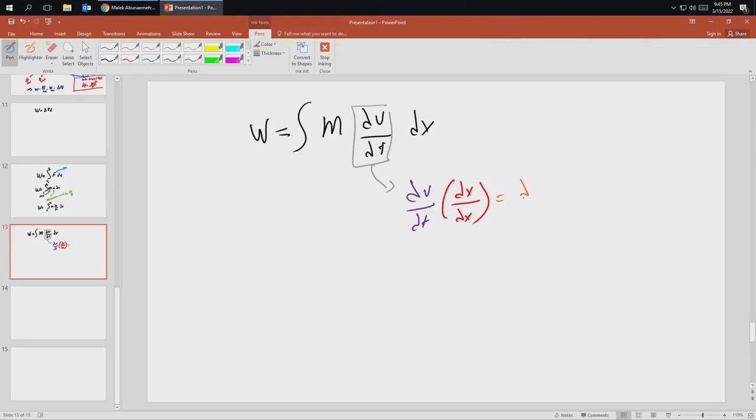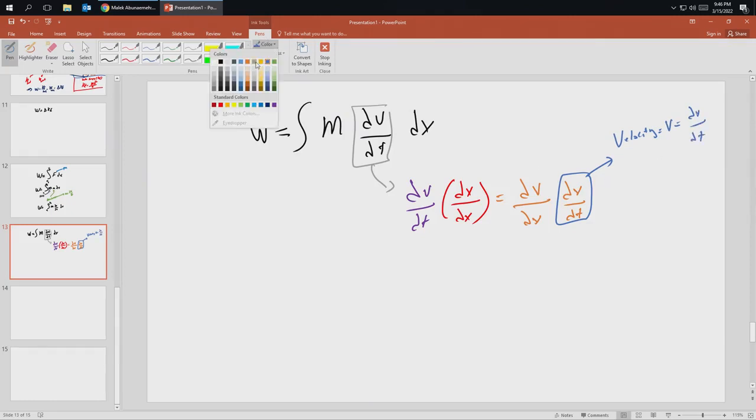So what we're going to have is dv over dx times dx over dt. Well, we have seen dx over dt before, which is your velocity, defined as your change in distance over your change in time.